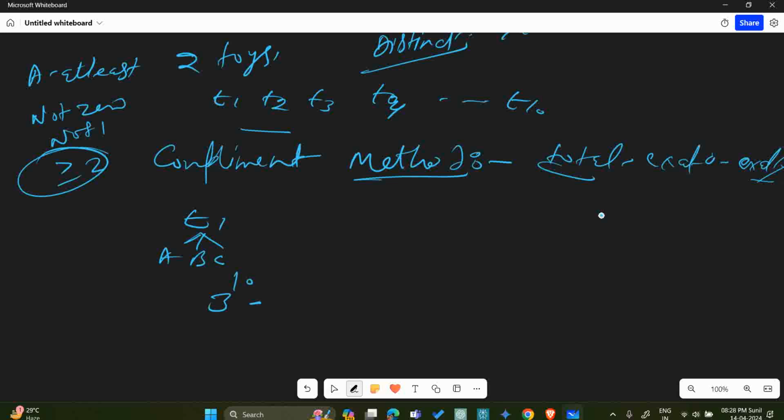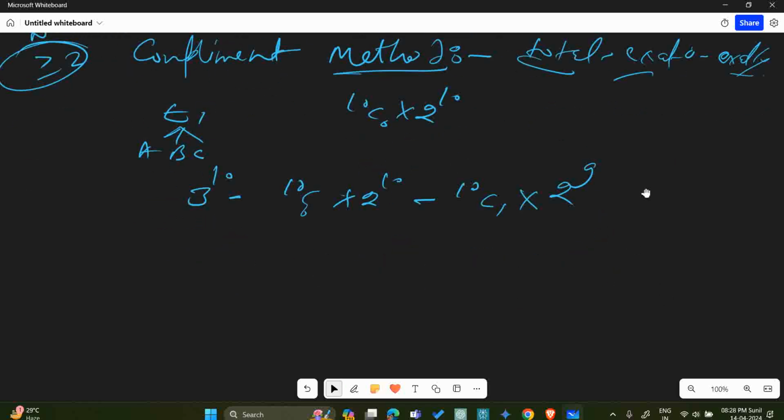Minus exactly 0, which is 10C0 into 2 to the power 10, and minus exactly 1, which is 10C1 into 2 to the power 9.